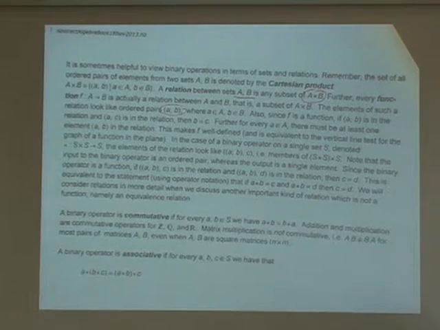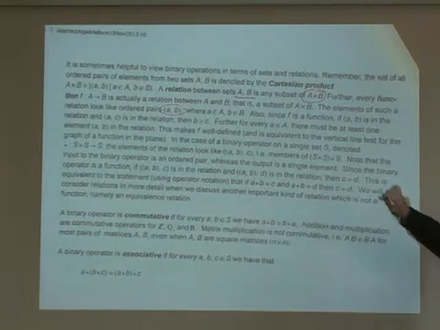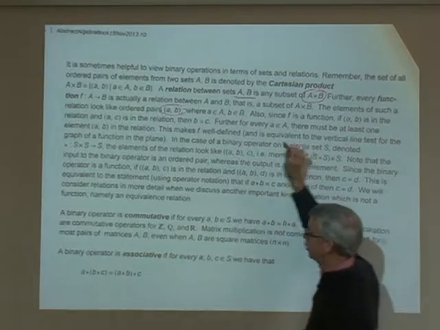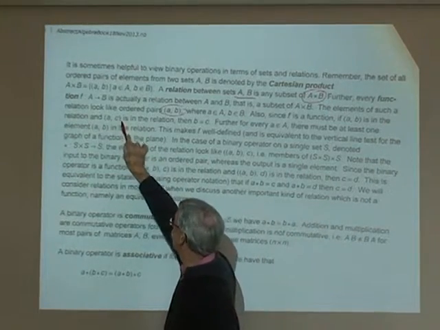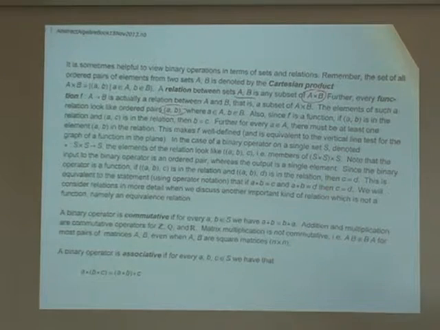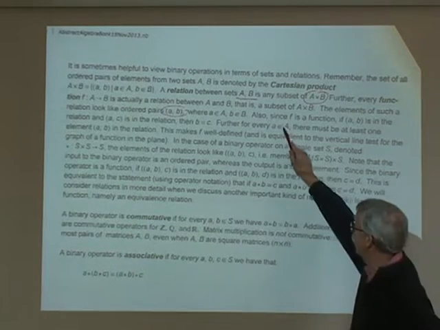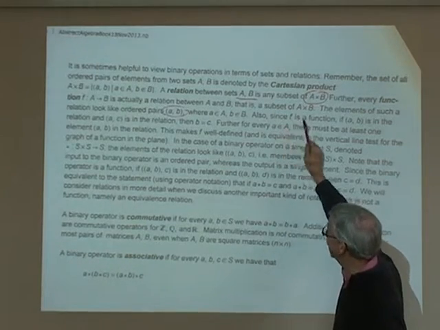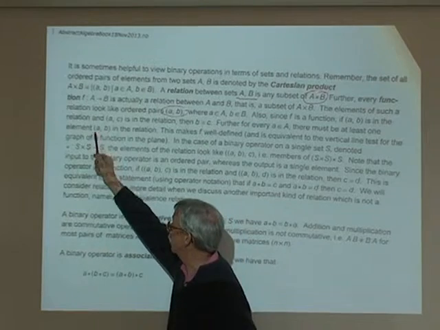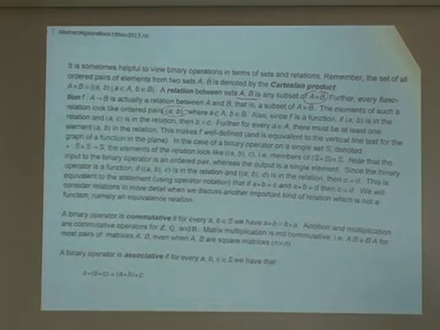But because when I look at functions, I have to pass the vertical line test. If AB is in the relation and AC is in the relation, then B must equal C, otherwise I have an ill-defined function, right? So functions are a very special kind of relation. And further, for every A in my domain, there must be exactly one element of that form. A has to be sent somewhere, and that's what makes it well-defined.